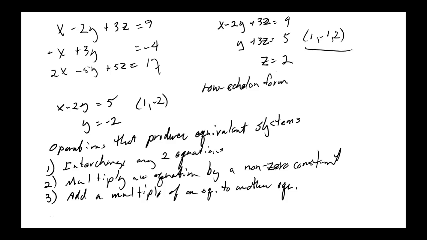You multiply one equation by negative 2 and added it to the other. That gave you an equivalent system. So sure, we've been doing that. That's called elimination by addition. We did that very thing. So yeah, these three things should produce equivalent systems. Now, how you do it, the order you do it, and following certain rules, you can come up with row echelon form pretty easily.